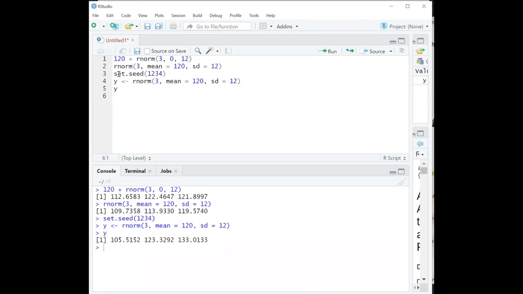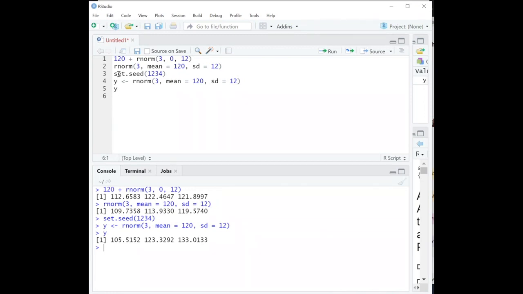So, this is mimicking our experiment. My expectation was I make 3 analyses and I should always find 120, a concentration of 120. In reality, I do not find such a concentration.